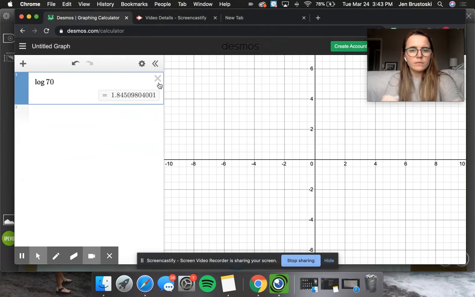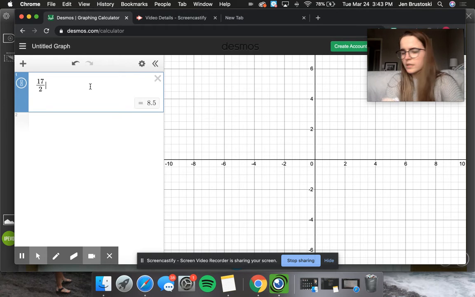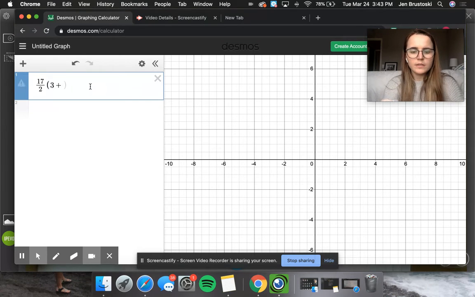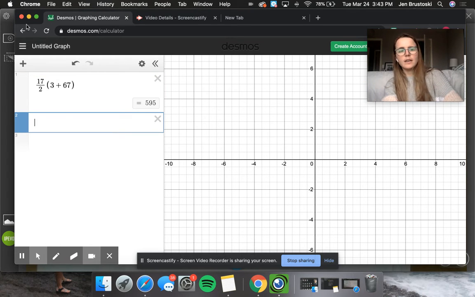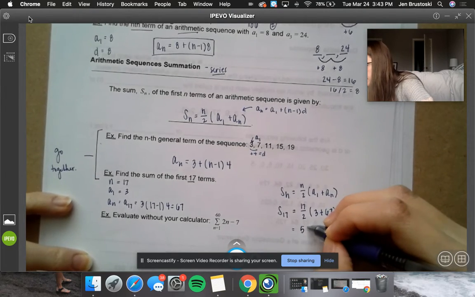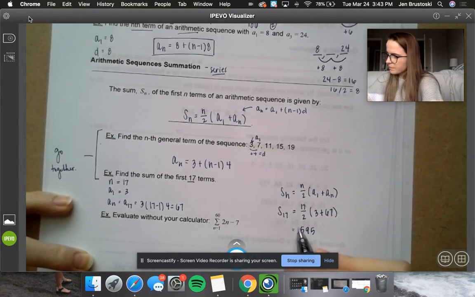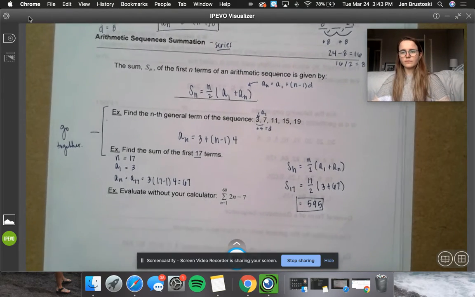So we have 17 over 2 times 3 plus 67. We get 595 as that value. Awesome.